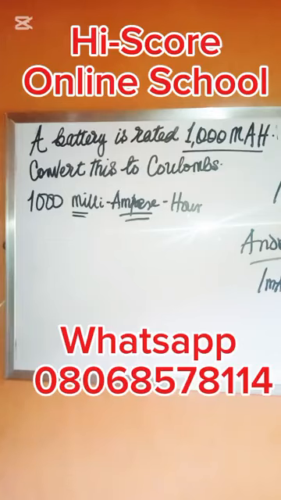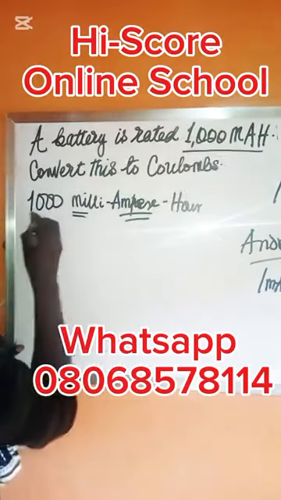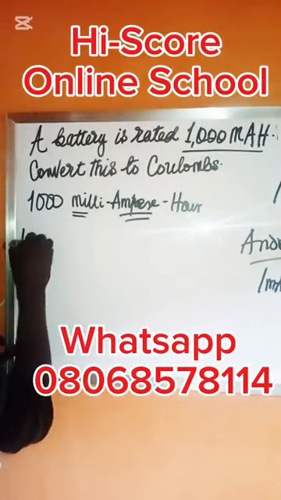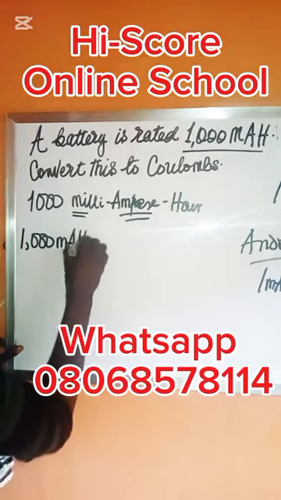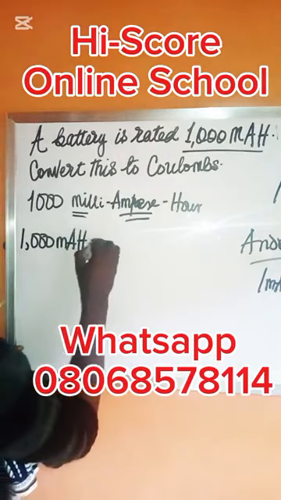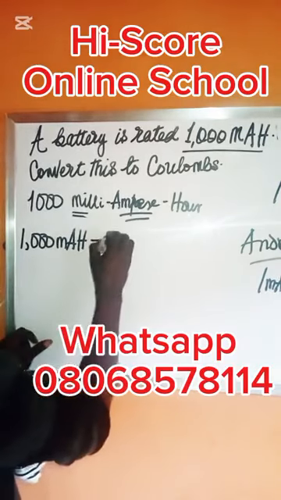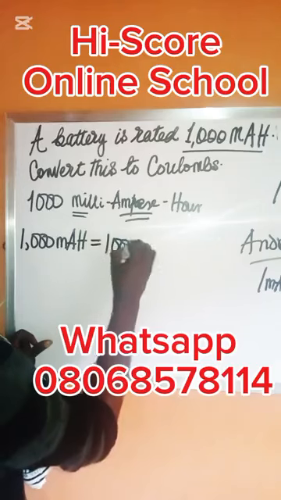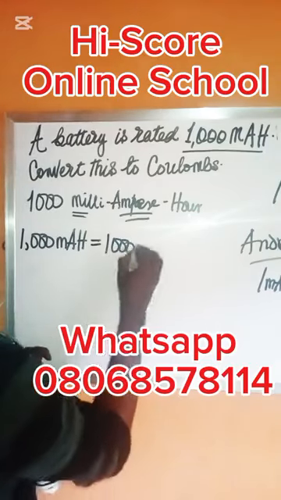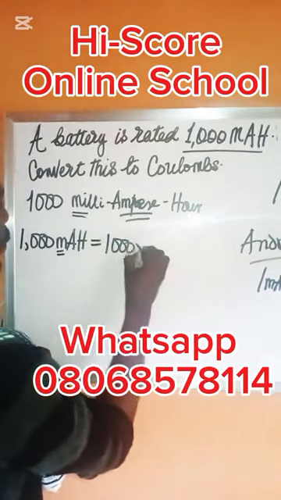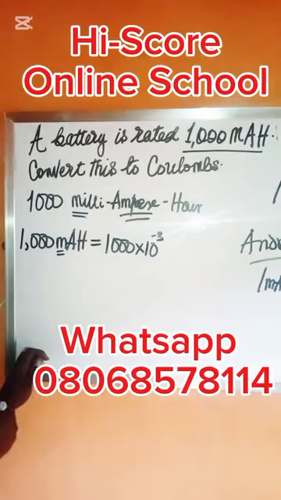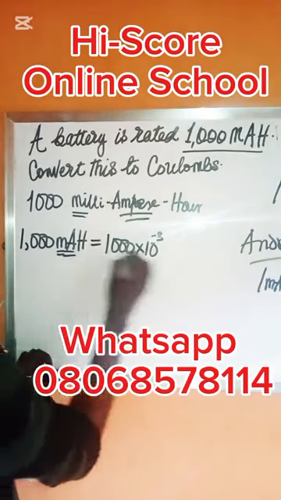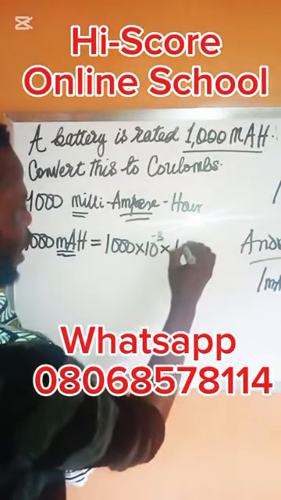Let's continue. So to convert this, 1000 milliampere hours is equivalent to 1000 times milli, which is 10 to the power minus 3, amperes times 1 hour.